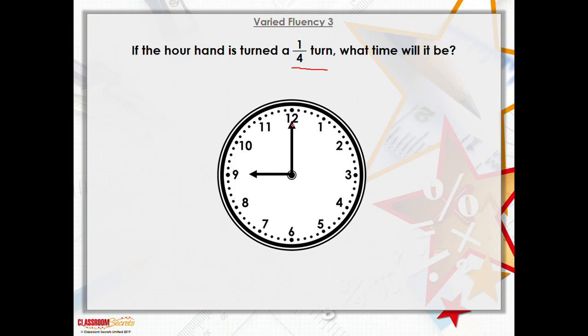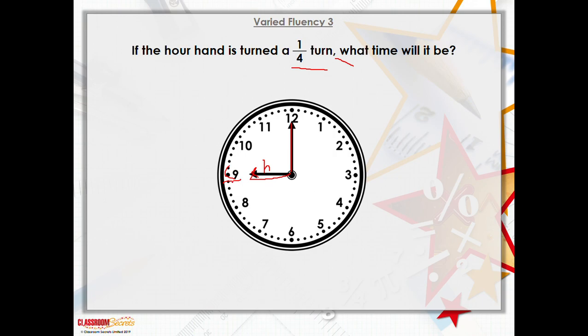The long one is the minute hand, and this is the hour hand. This is the one we want to be looking at. Now at the minute, the hour hand is pointing at the 9. And it's saying if the hour hand turns a quarter turn, it hasn't been specific. It hasn't said a quarter turn clockwise or a quarter turn anti-clockwise. So there's going to be two answers to this question.